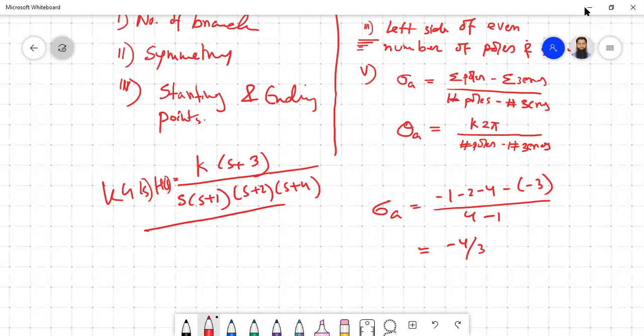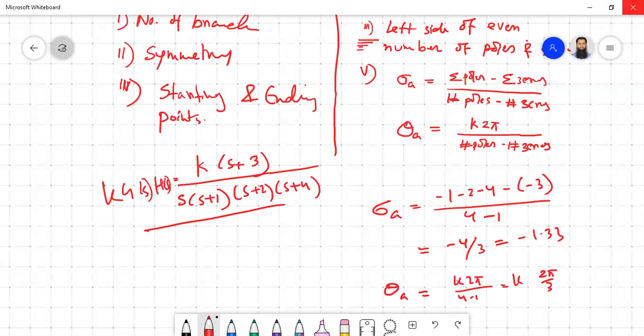The centroid of the asymptote is not changing, minus 1.33. How the angle is going to change is basically k times twice pi by 4 minus 1, that is 3.